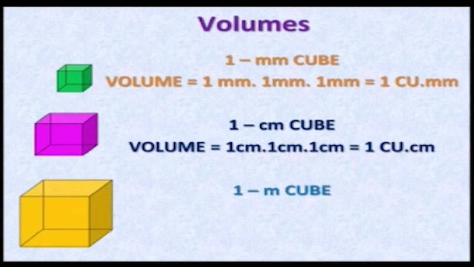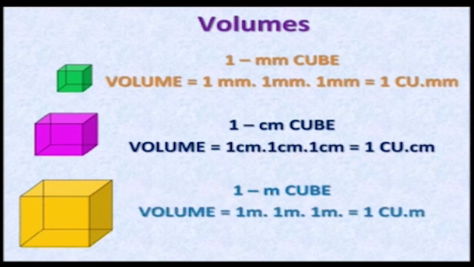Now the bigger shape, a 1 meter cube. The volume is 1 meter into 1 meter into 1 meter, equal to 1 cubic meter. So as per the object, we have to find the volume of the given shape.